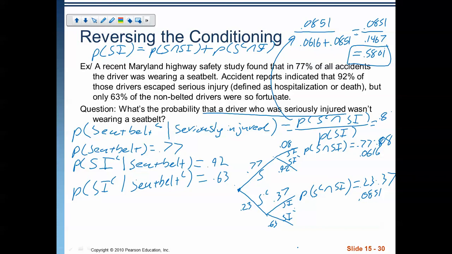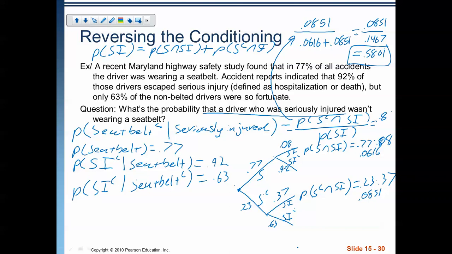My suggestion to you is this: remember this formula, because this formula is the base of everything. We found out what we needed, and that's what the P of seatbelt complement given seriously injured was.